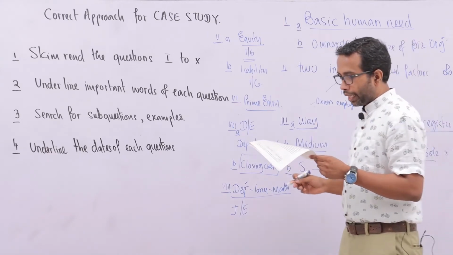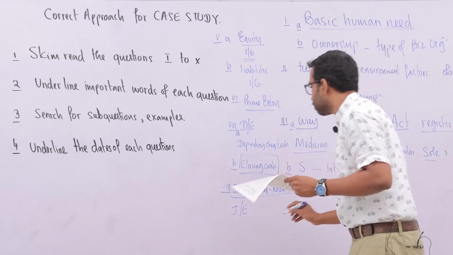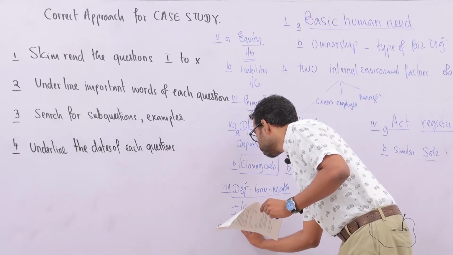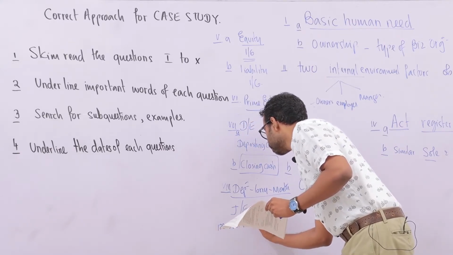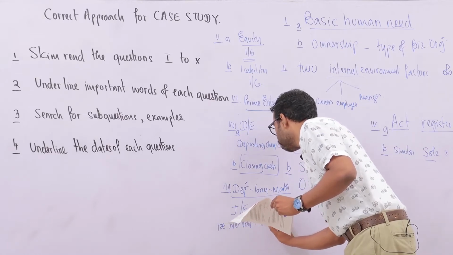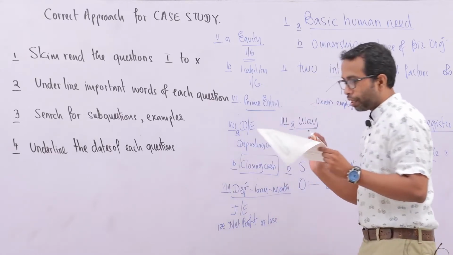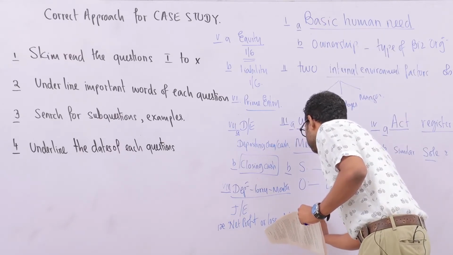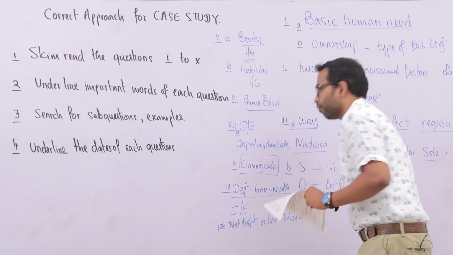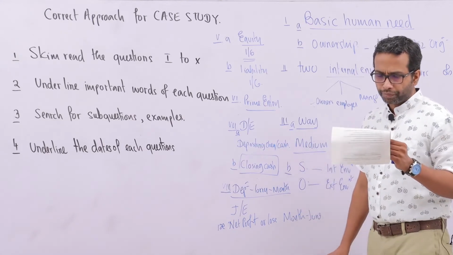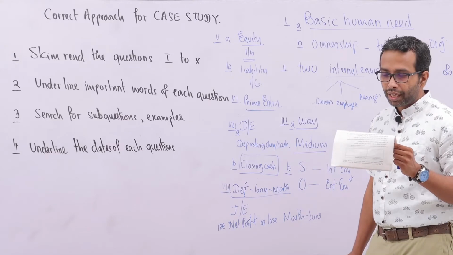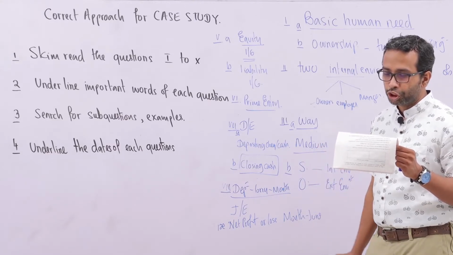Next one, calculate net profit or loss, and underline for the month of June. Last one, what is the net value of non-current assets as at the end of June?